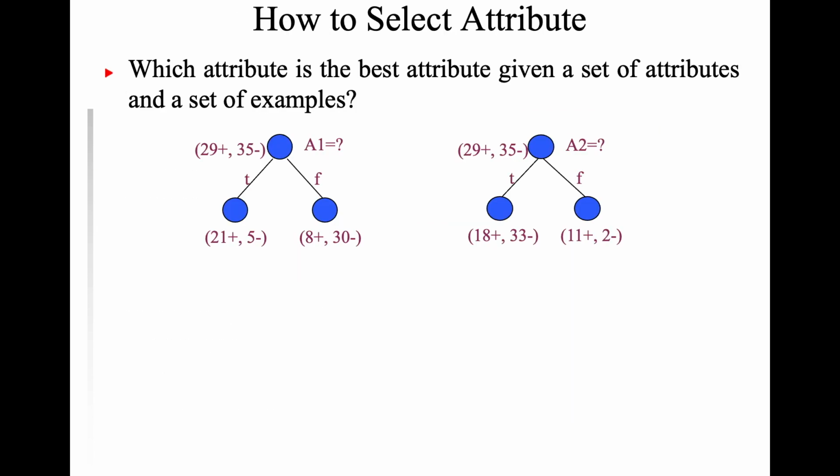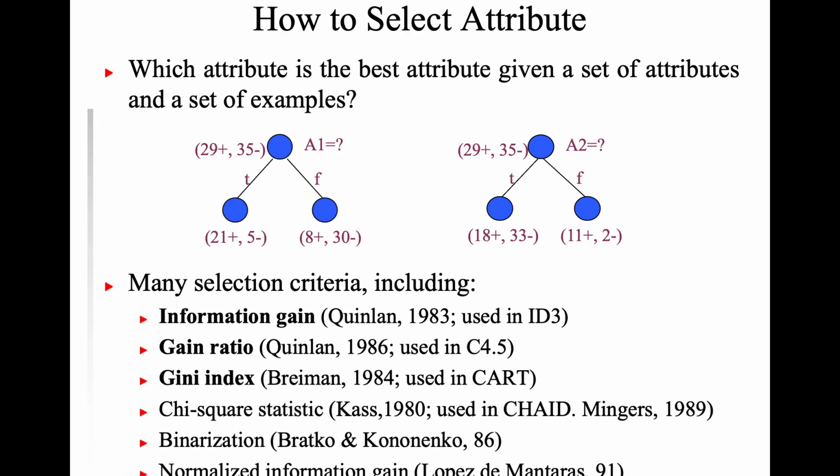And we want to see how to select an attribute. For example, what attribute is best given a set of features that we have in our table and a set of examples. For example, we show two examples here, attribute 1 and attribute 2, using different features as a root node.